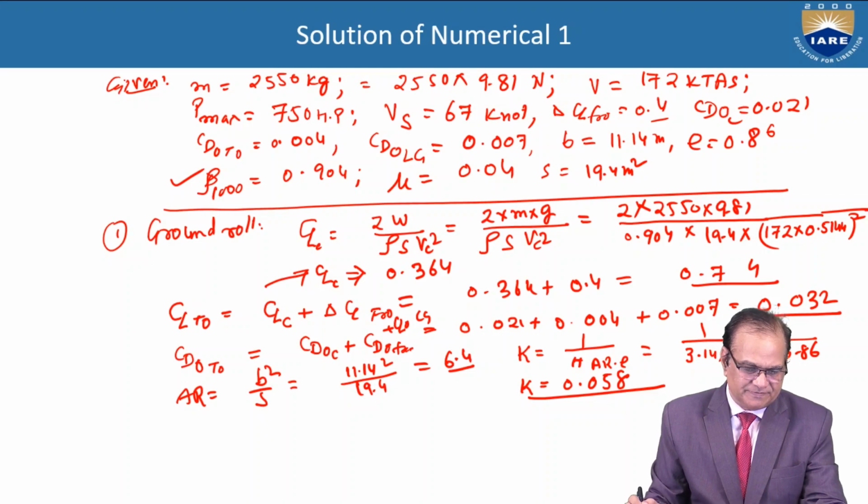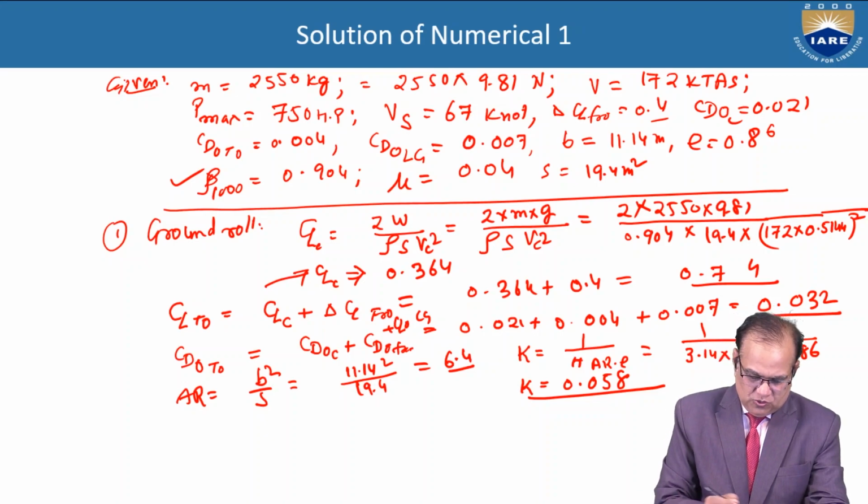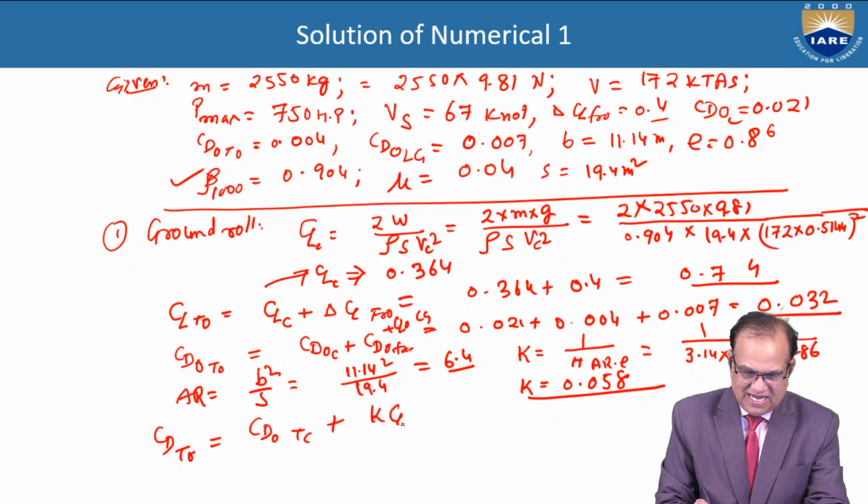Now we have to obtain the total CD for the takeoff. So CD of the takeoff is equal to CD naught of takeoff plus K CL square of takeoff.